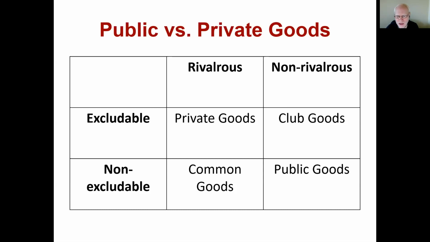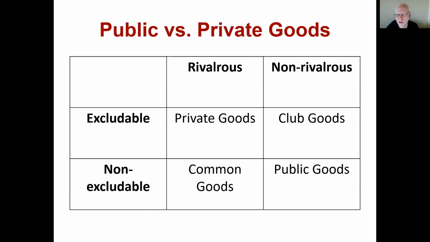We might also be talking about grass for grazing animals on public land. If it's public land, we can't keep people from using it, from grazing their sheep. But there's a finite stock of grass. Once the sheep has eaten the grass, it's gone. And so it is rivalrous.